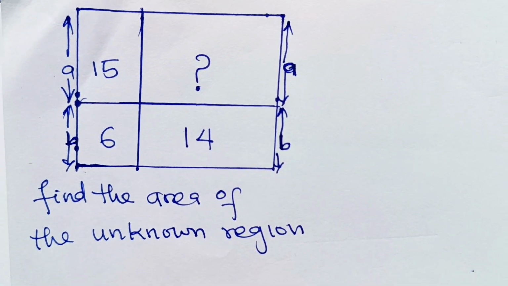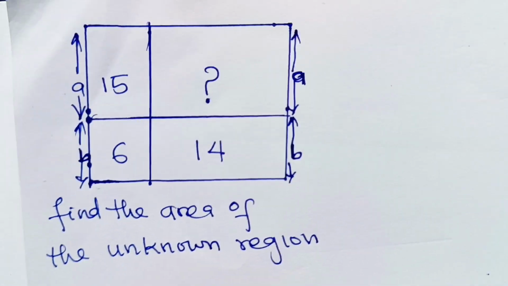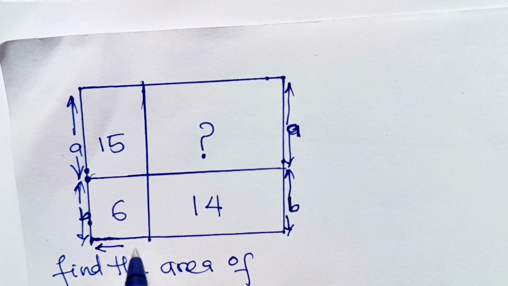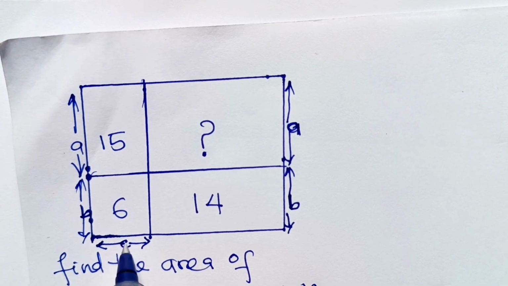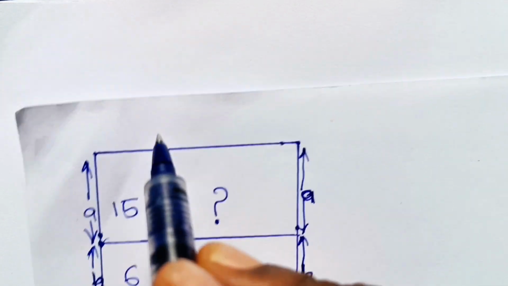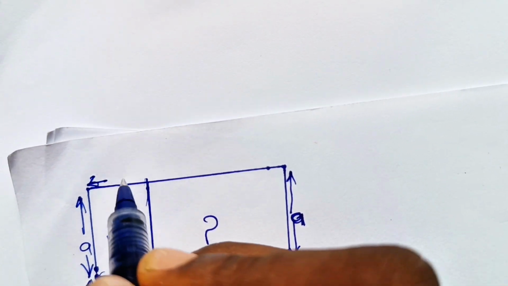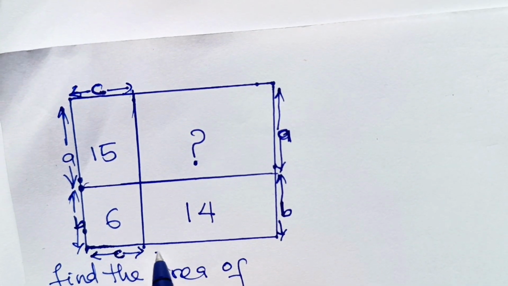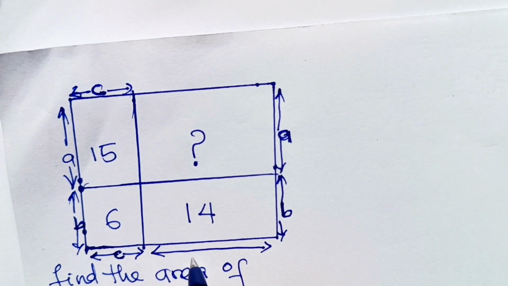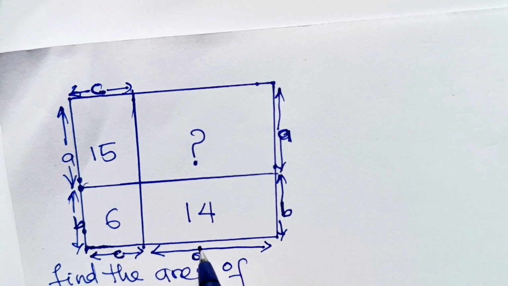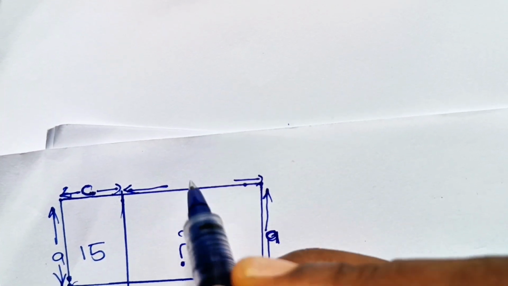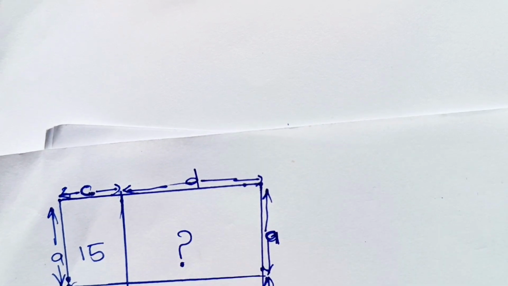Now, if we say let this place be equal to C, then this place is also equal to C. And if we say let this place be equal to D, alright, then this place is also equal to D.